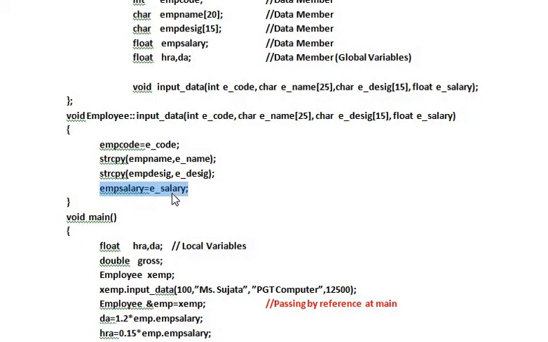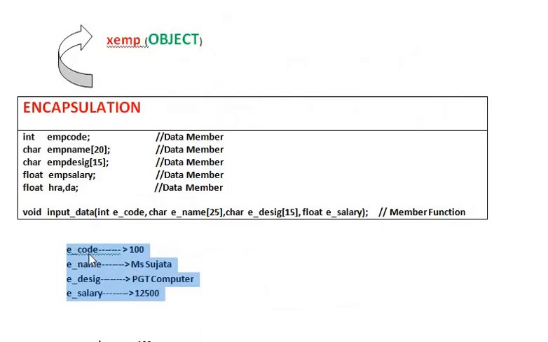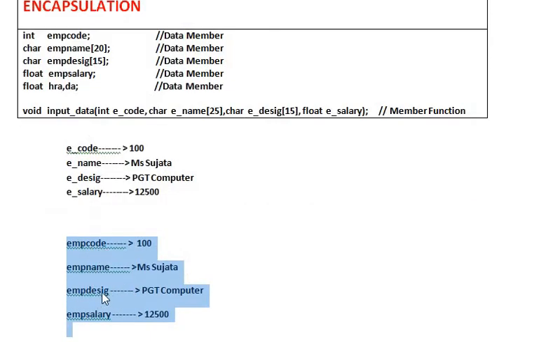So 12,500 shall be assigned to this data member emp_salary from e_salary. As a result, after executing these implementation steps, I can see that the values of e_code, e_name, e_desig and e_salary are getting copied into emp_code, emp_name, emp_desig and emp_salary. So check both these. Their values are exactly the same.